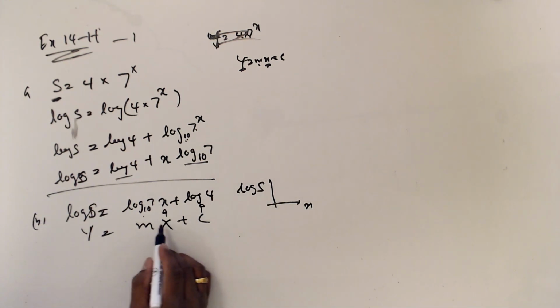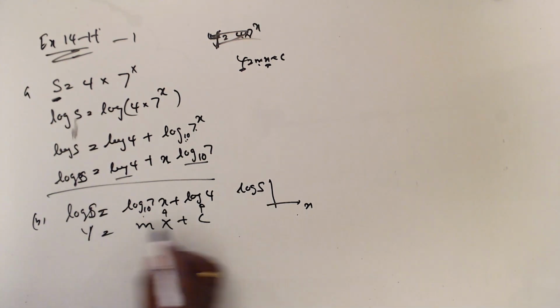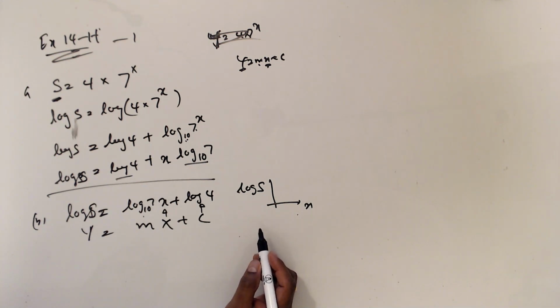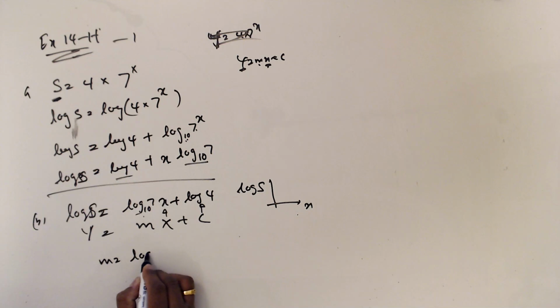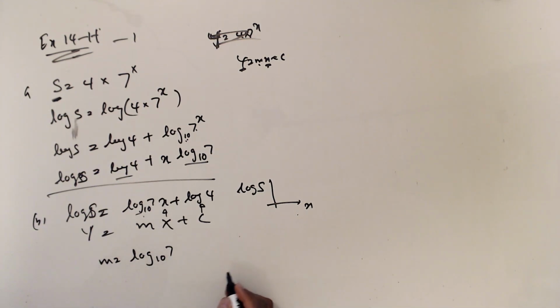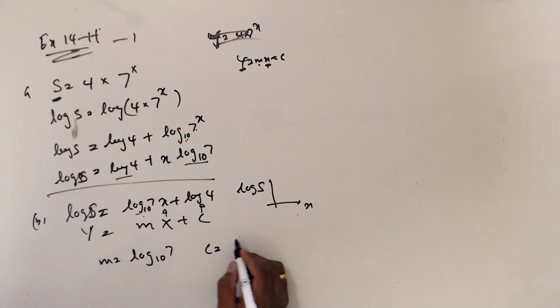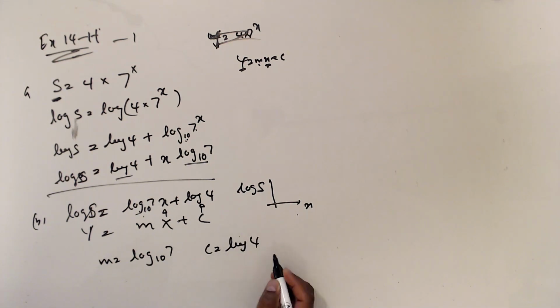The gradient is m, which is log 7, and the y-intercept c is log 4.